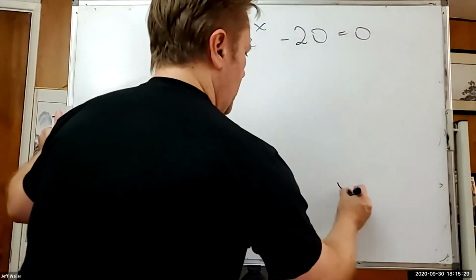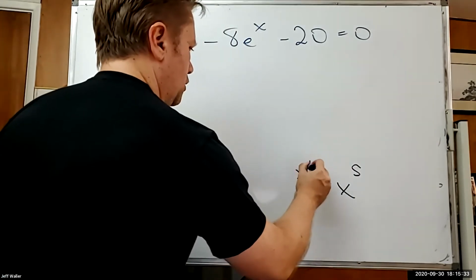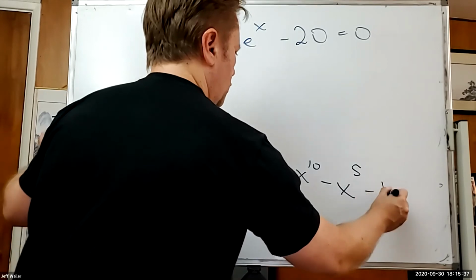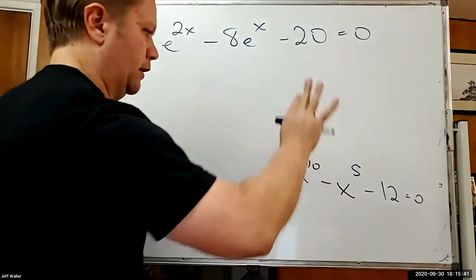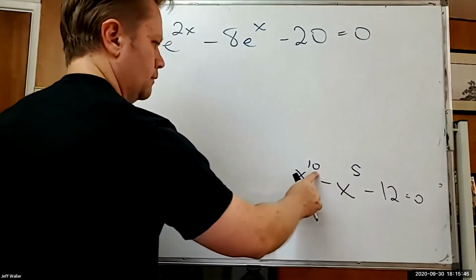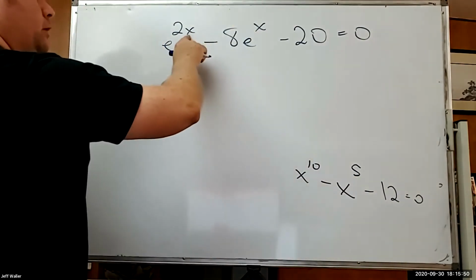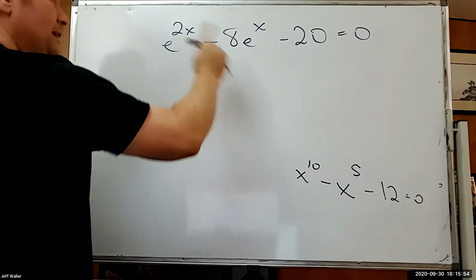How do you know right away that this has a chance of working to factor? How do you know that's got a chance to directly factor? Because the middle term is half of the first term. The middle power is half the first power. Is that true here? Yes, it's true.